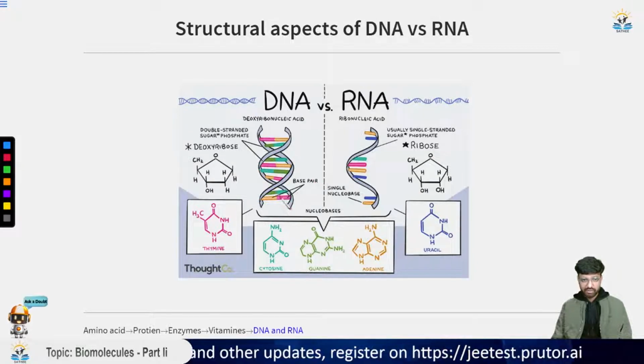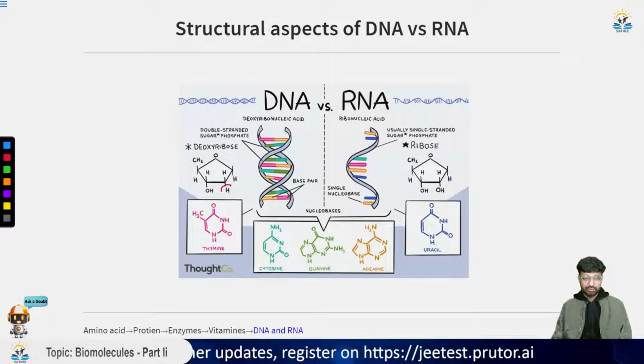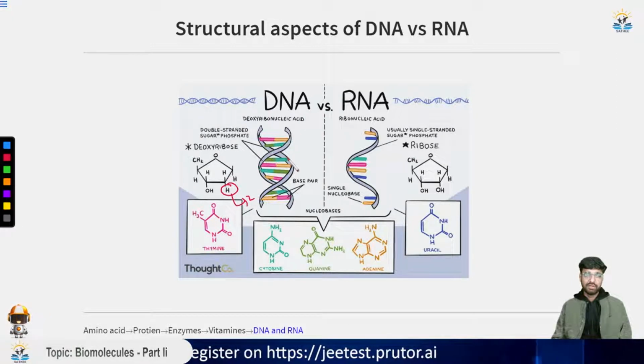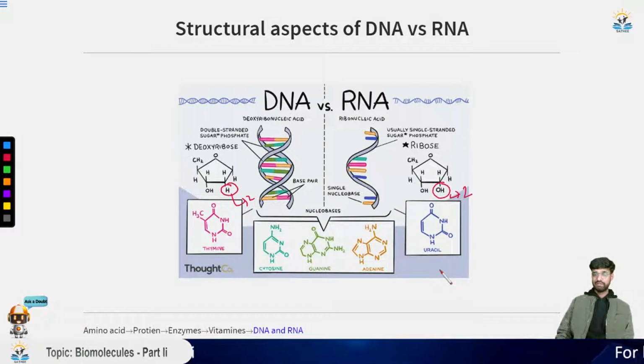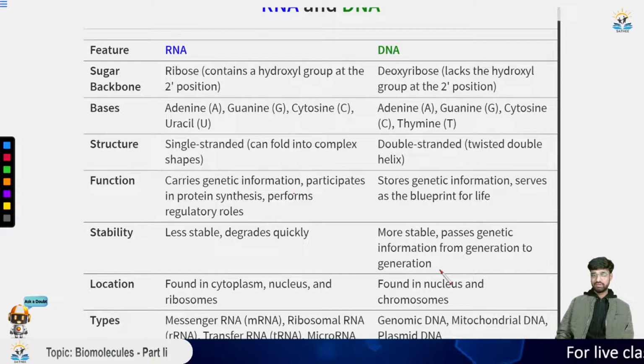You can see here that there is an H at the 2 position for DNA, but for RNA there is no H, there is OH at the 2 position. So this is the first difference between RNA and DNA.